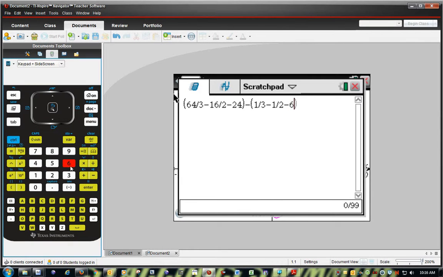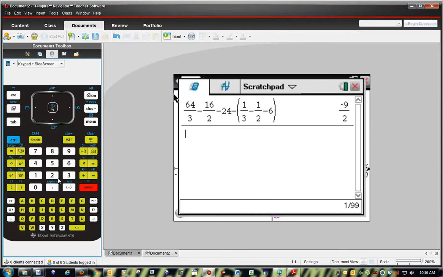Now, what did our graph say that this answer should be? Negative 4.5. And did we get what we got? Yep. So it worked out really good for us.